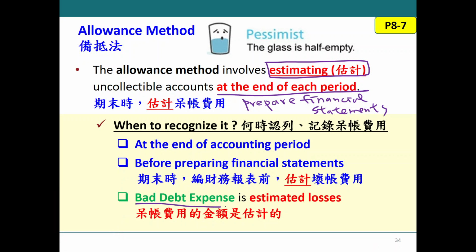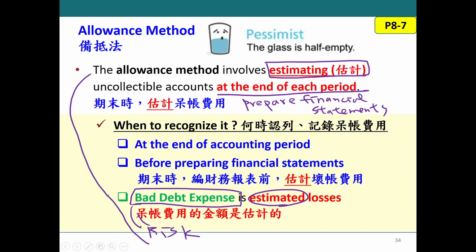So bad debt expense, the risk is what? Estimated. So based on the allowance method, when do we record the risk? At the end of each period.